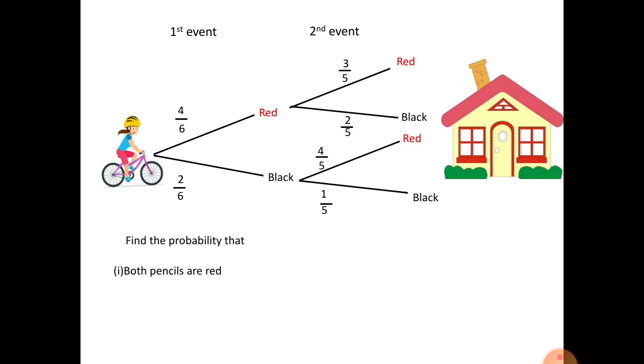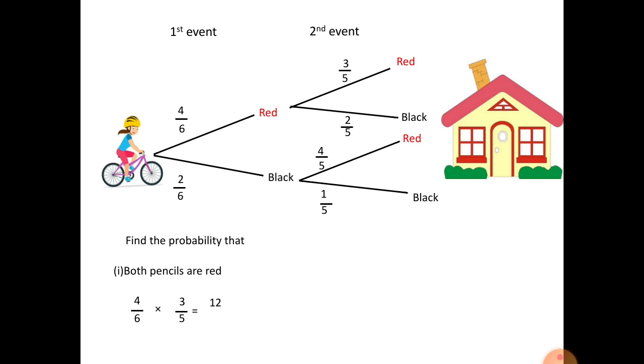Above those branches you can see 4/6 and 3/5 are the answers. Now you have to multiply those answers. 4/6 when you meet the first red, then 3/5 when you meet the second red. So both pencils being red means 4/6 times 3/5.